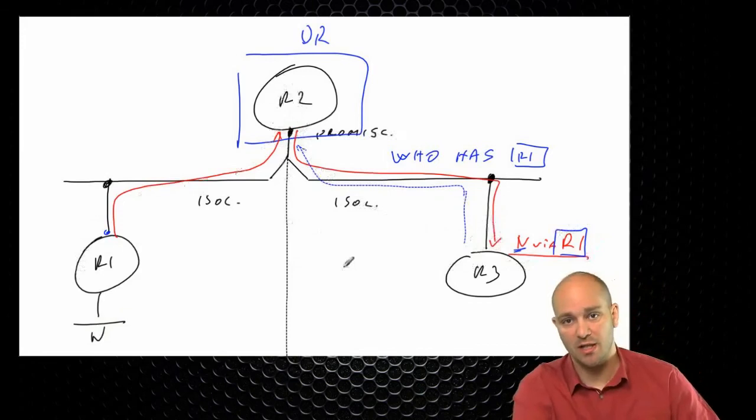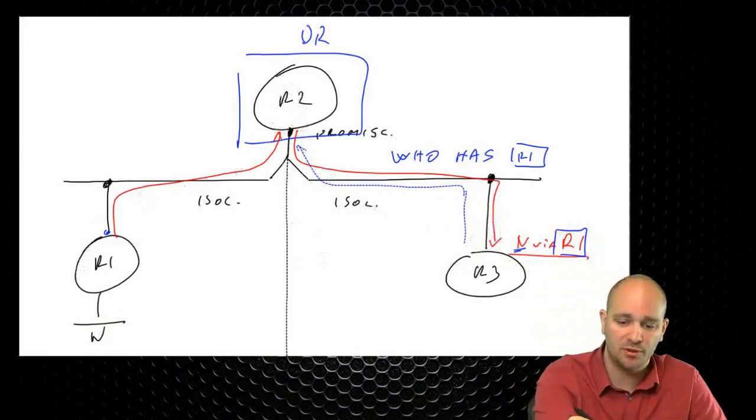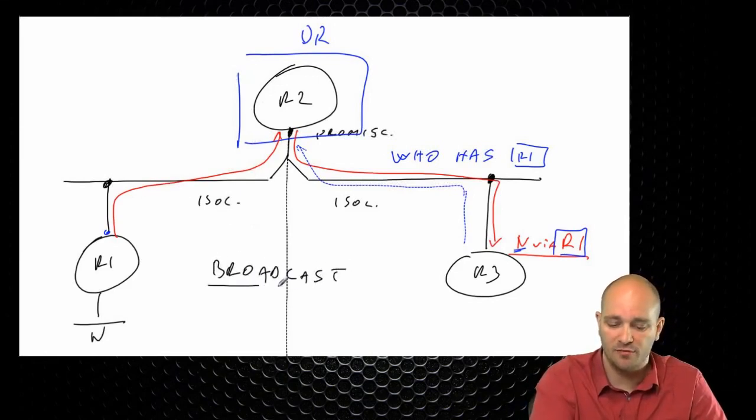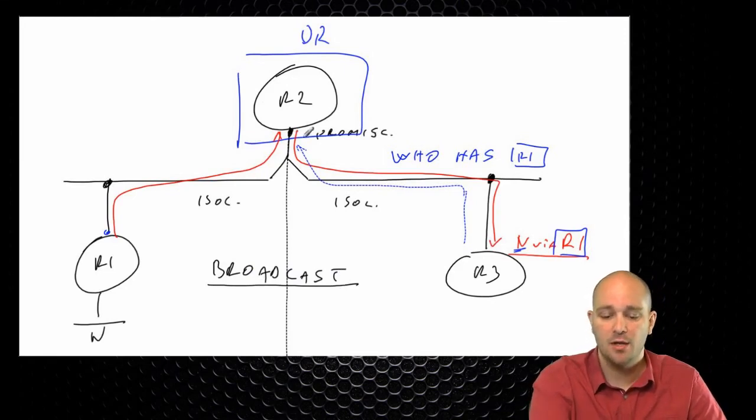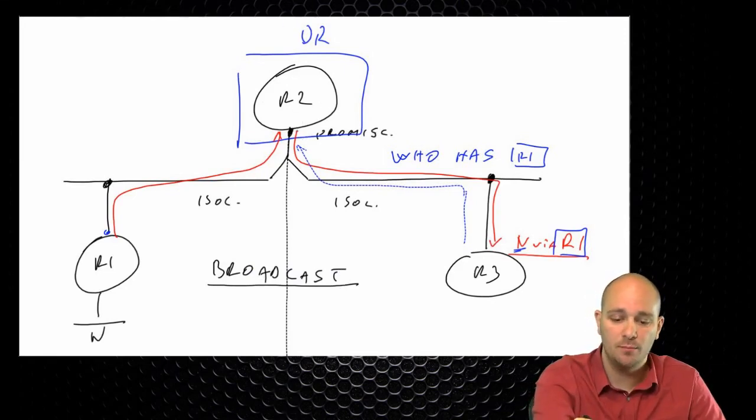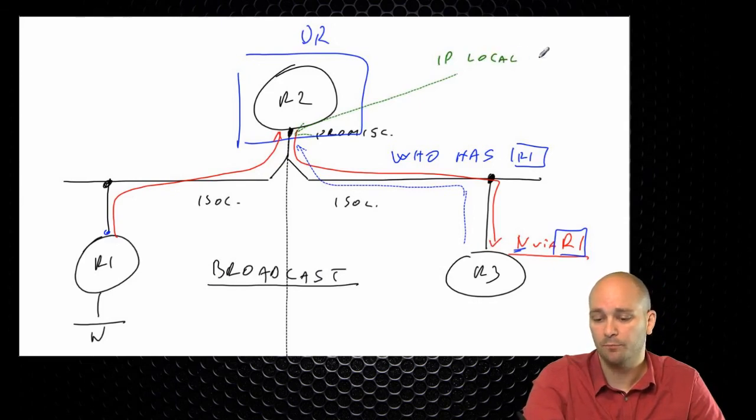Now, in order to fix this, if this was a broadcast network type, again, I'm repeating, we are dealing with the broadcast network type behavior in OSPF. In order to fix this, we need to implement a special hack on this interface here. What we need to do is configure IP local proxy ARP.